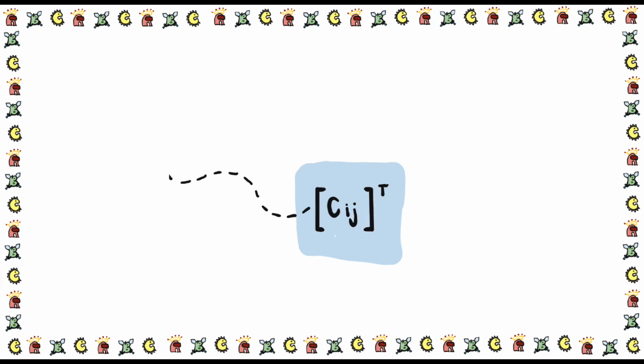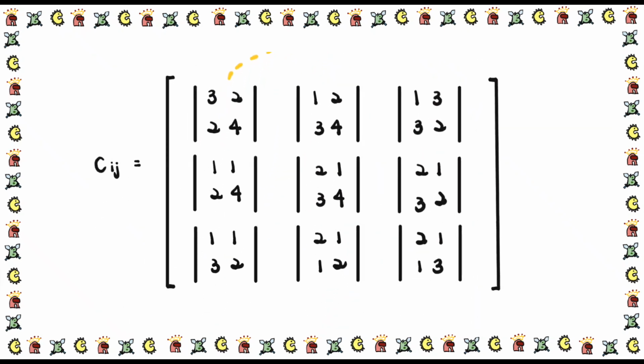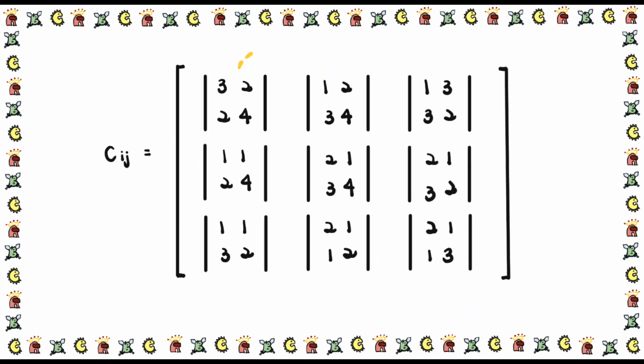Now we have to find the cofactor matrix. First step of finding the cofactor matrix would be determining the minor of each element in the matrix. Since A11 in matrix A is 2, which is at the first row and the first column, the minor of the first element would be this. Repeating the same step with the rest of the elements, we are left with this.